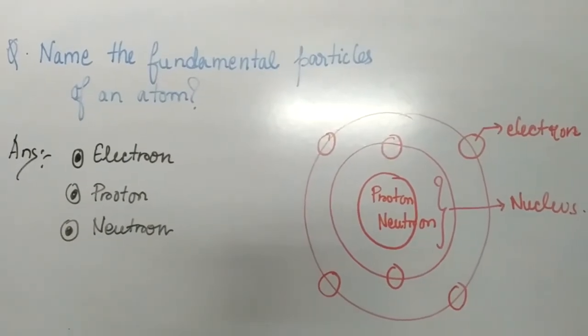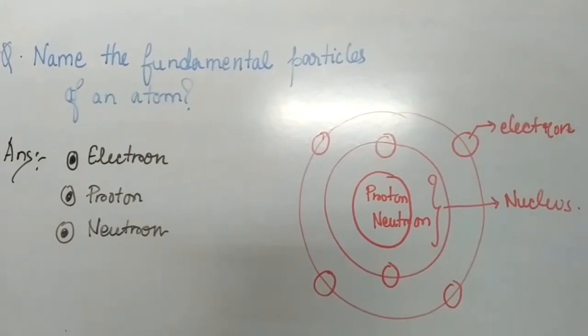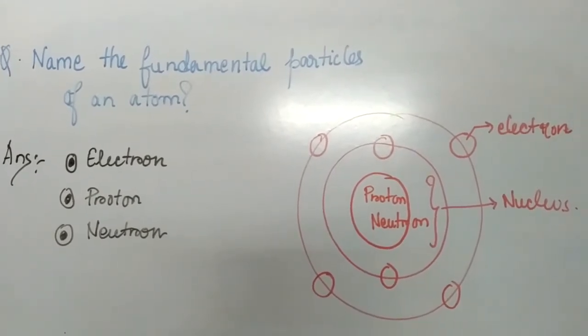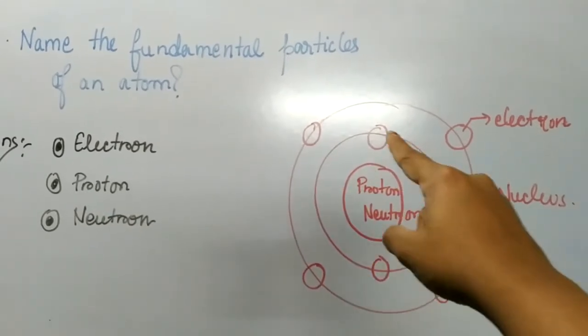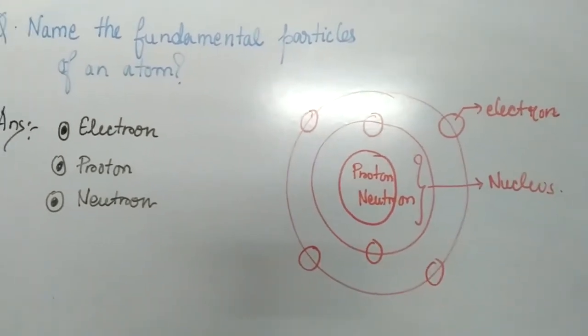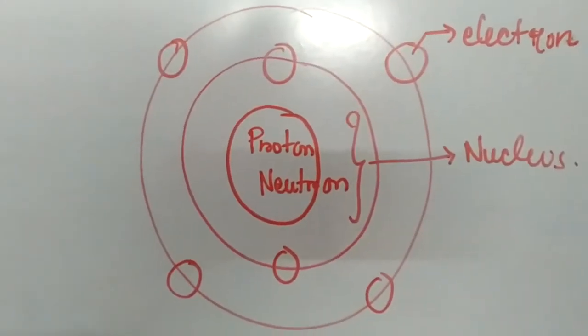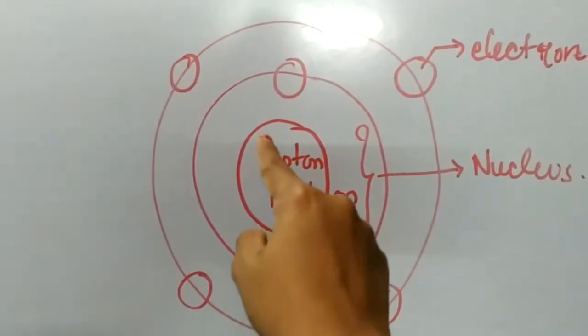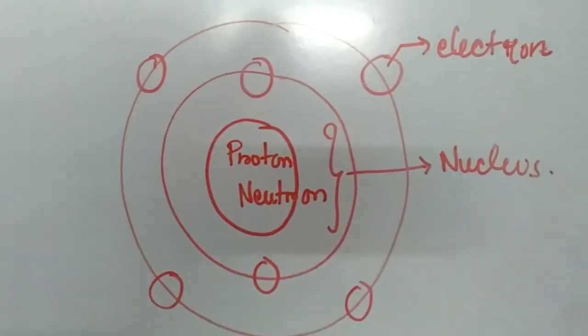Our next question is, name the fundamental particles of an atom. Now, on the right hand side, I have drawn the structure of atom in a zoom form. Now, if you carefully observe the structure of atom, students, you will see in the center we will be getting the proton and neutron.